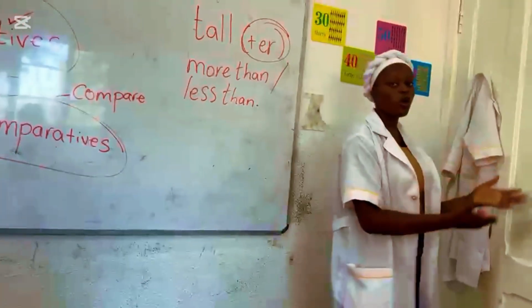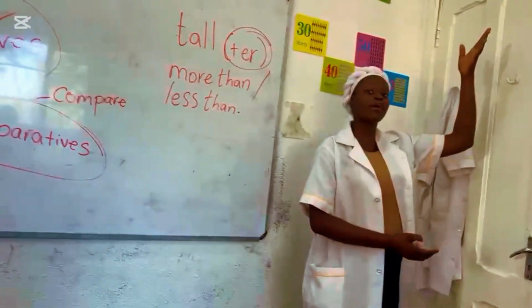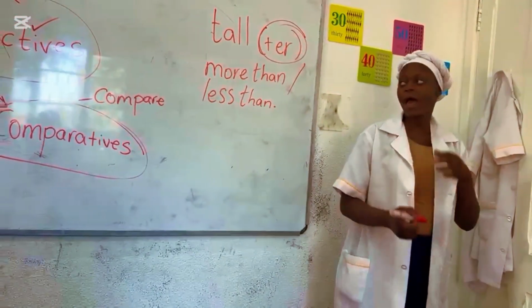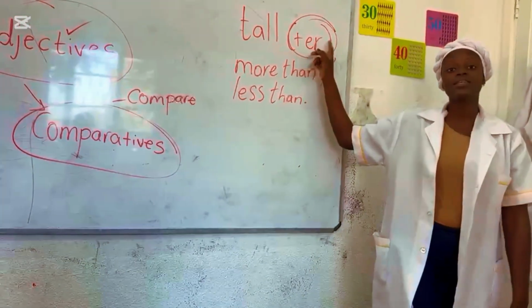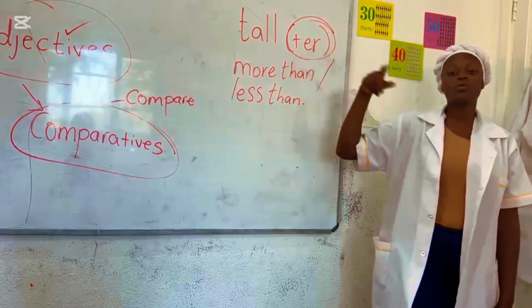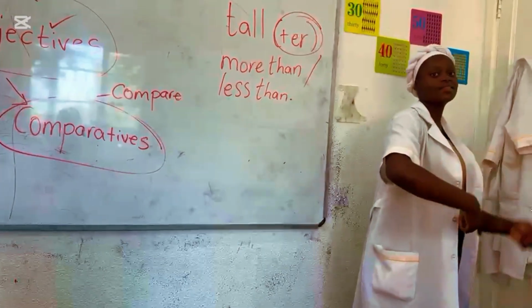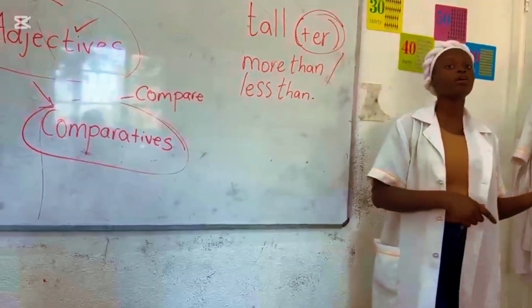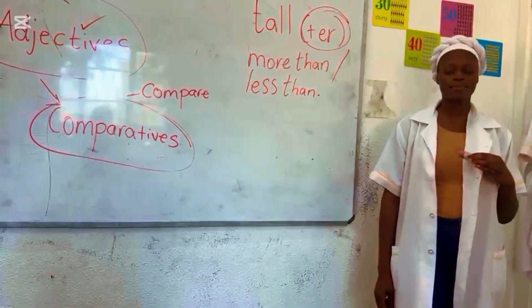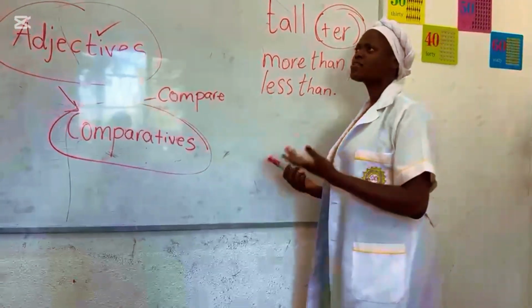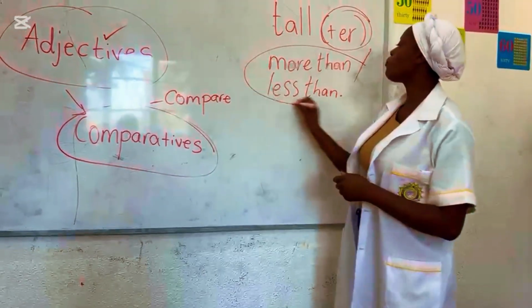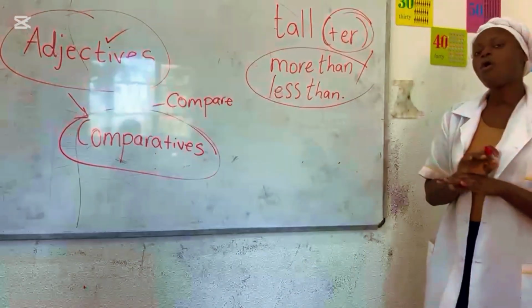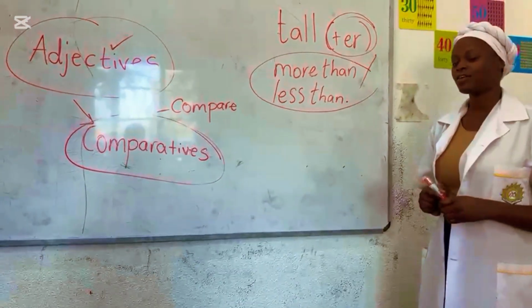So, the door is taller than Elena. I have added ER to describe one thing that is taller than the other, which is the door taller than me. Let's use another example that includes more than or less than, okay?